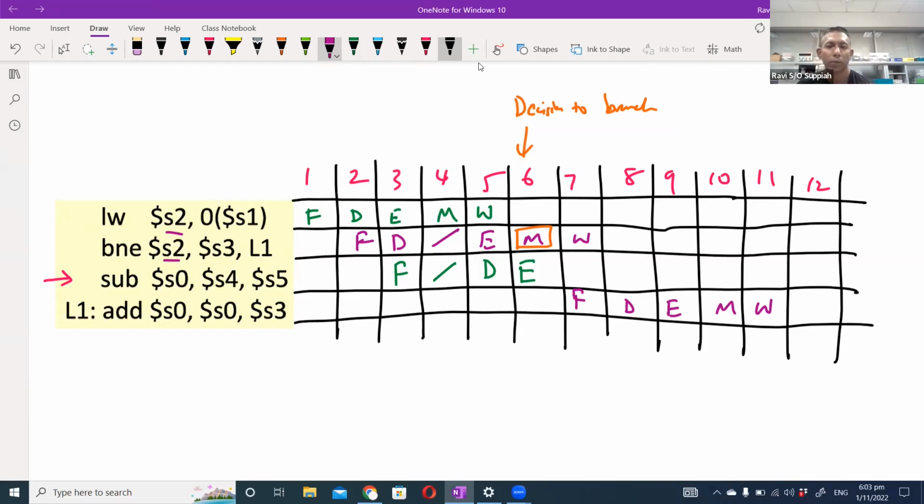So in this example, by default, we assume that the branch is not taken, so we proceed on to the next instruction. But when we make the decision, based on the values, that the branch is supposed to be taken, then we will have to flush that instruction, fetch the correct instruction to be executed, and continue from there.